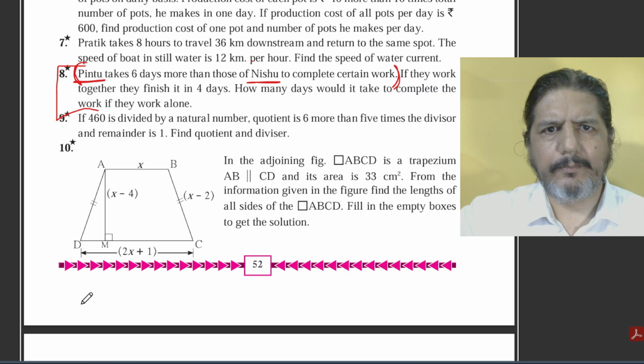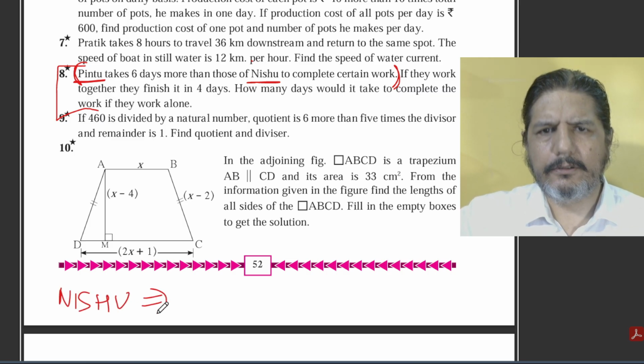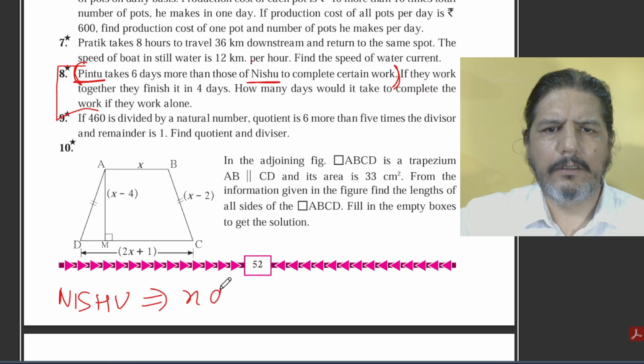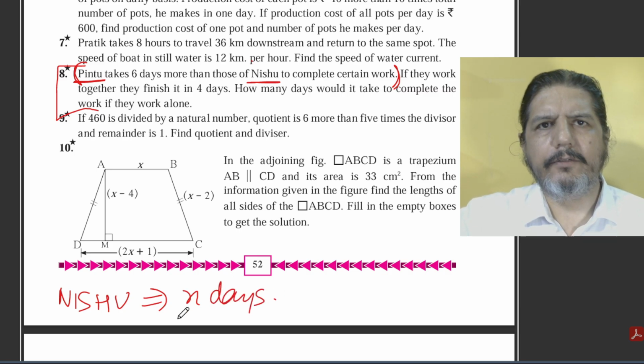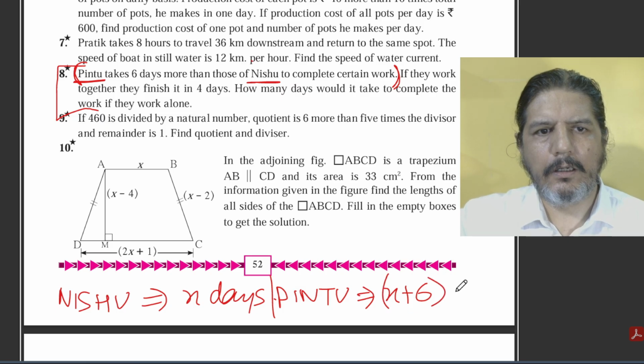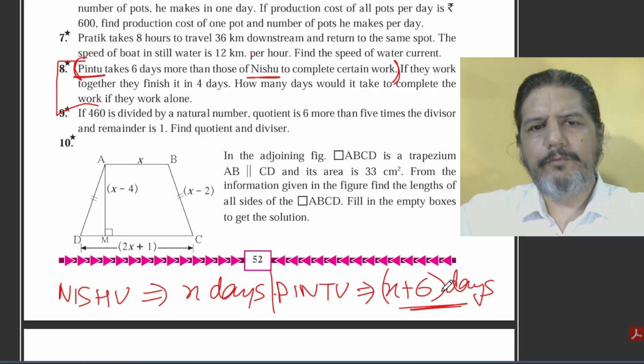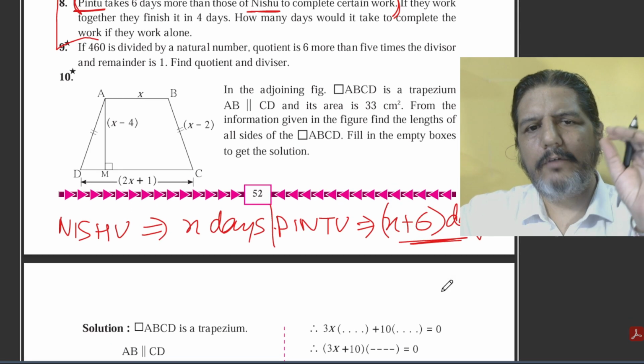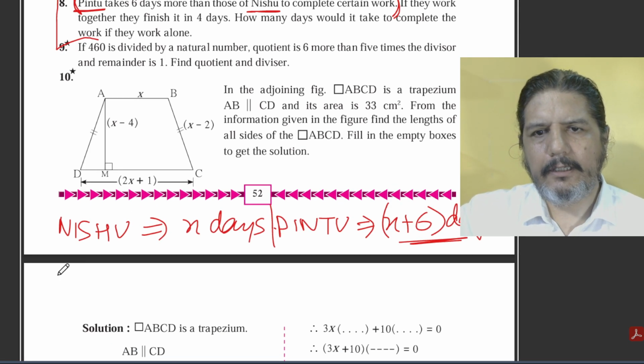I'll start with a simple thing: let us assume that Nishu takes x days to complete the work, because Pintu takes 6 days more. So Pintu will take x plus 6 days.